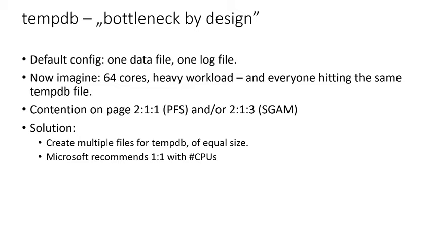But if you have 8, you added 2, and the server becomes very, very slow, then you have to take back those 2 files and subtract 2 files. So you have 6. If it is better, you go to 4. And just by experimenting, you have to find the proper setting.